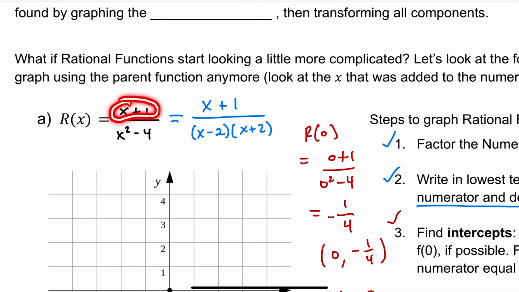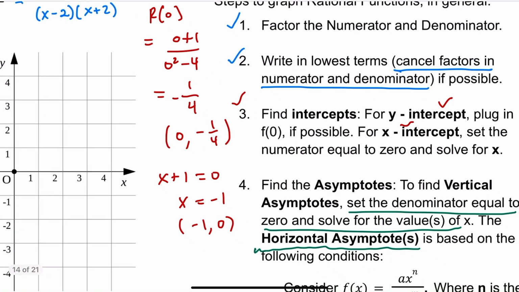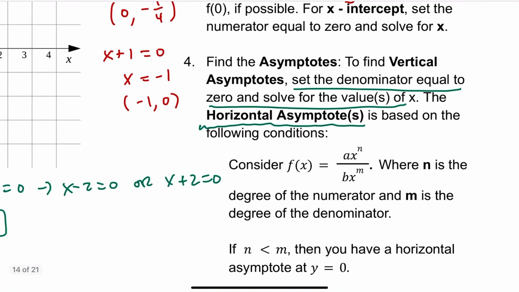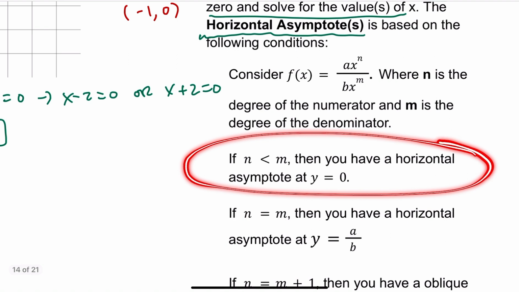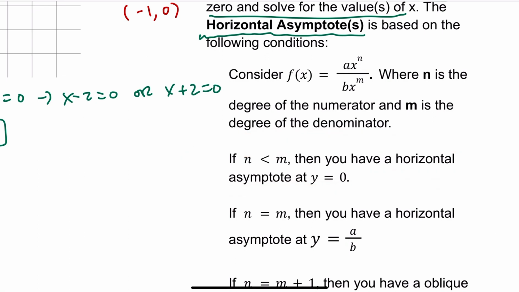Right here, this is a degree of 1 because the largest x has a power of 1, and this is degree 2 because the largest power is 2. So, taking into consideration our case, we fall under this category here. Because the degree of the numerator was 1 and the degree of the denominator was 2, therefore you have a horizontal asymptote at y equals 0. This is a very popular outcome here, and it happens a lot.